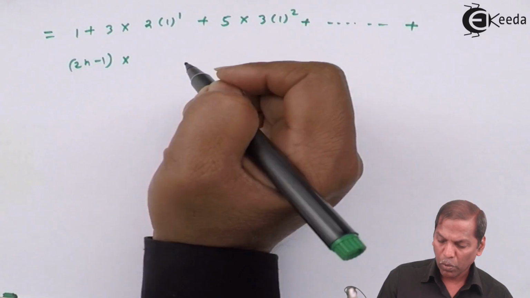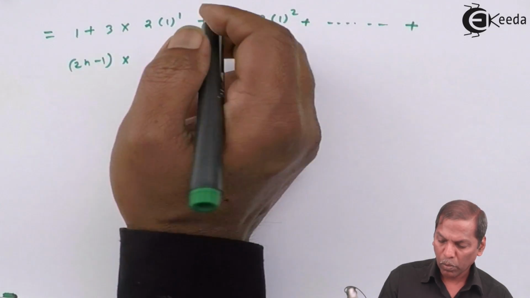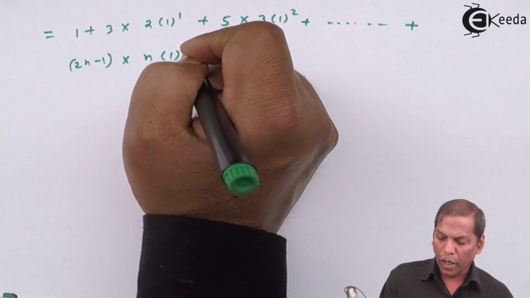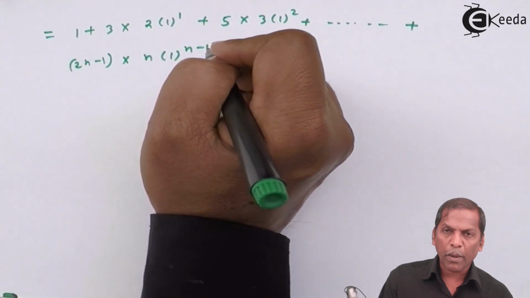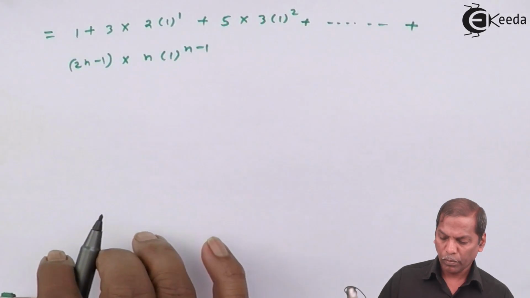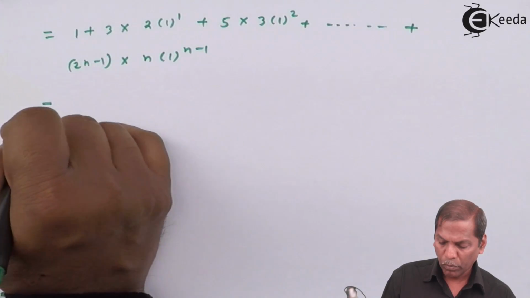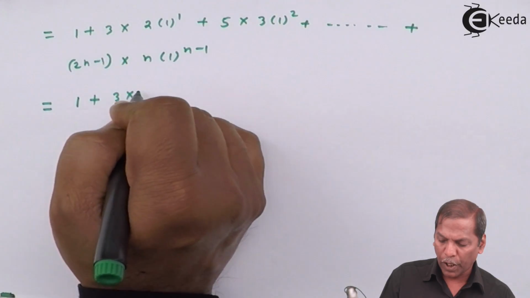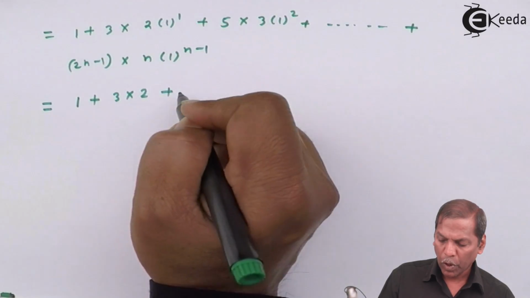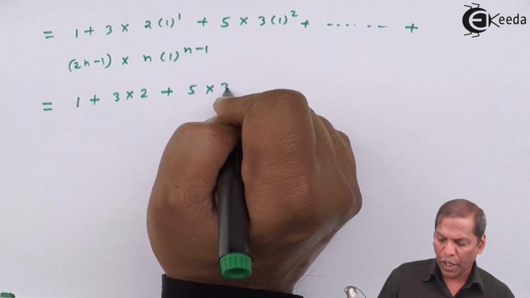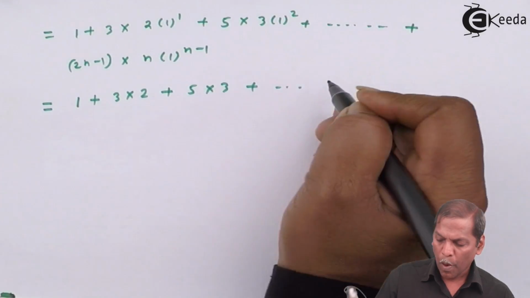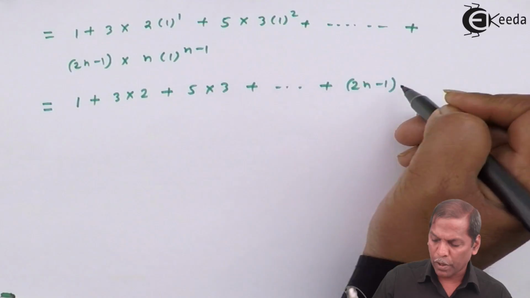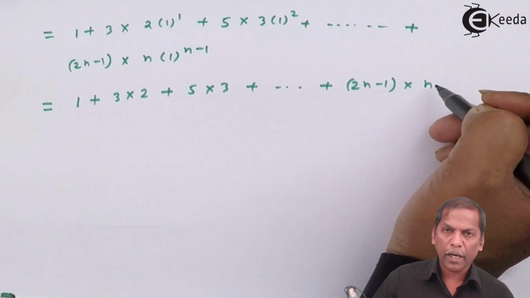into n into 1 raised n minus 1. So that equals 1 plus 3 into 2 plus 5 into 3, plus going on and plus 2n minus 1 into n.